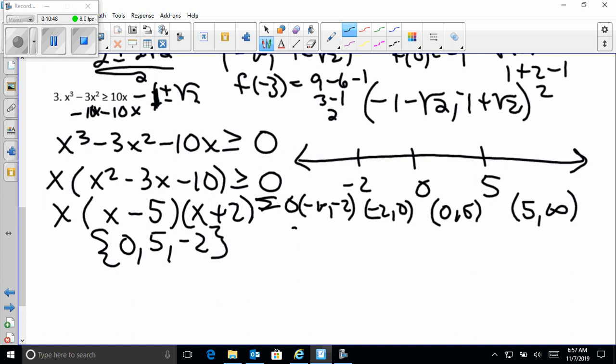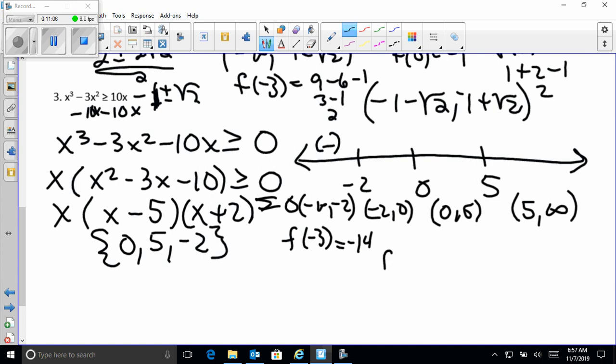All right, so we'll try f of -3. Plugging that in, we end up getting -14, I think, when you do that. So that's a negative region.